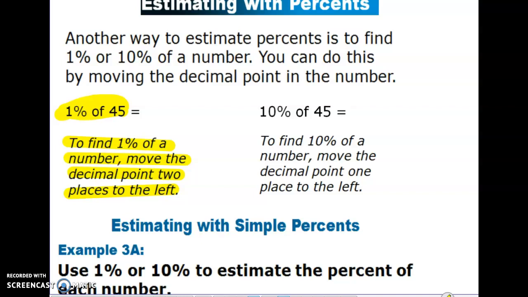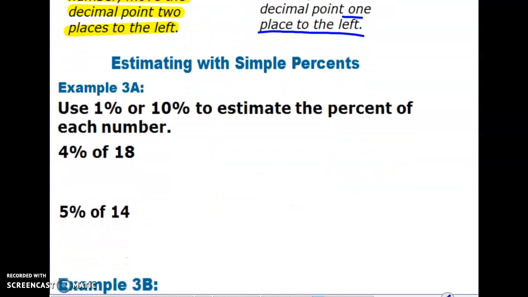So 1/100th is the same as dividing by 100, which means we move our decimal point 2 places to the left. To find 10%, you're going to move the decimal point 1 place to the left because you're dividing it by 10.